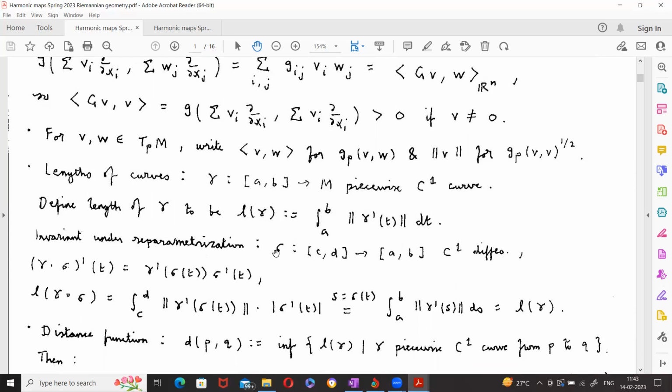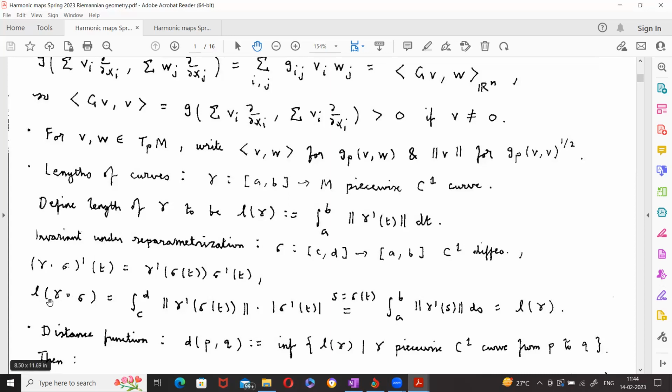If I reparametrize gamma to be defined on an interval CD by taking a C1 diffeomorphism sigma from the interval CD to the interval AB, and I look at the reparametrized curve gamma composed with sigma, then by the chain rule its derivative is gamma prime of sigma T times sigma prime T.